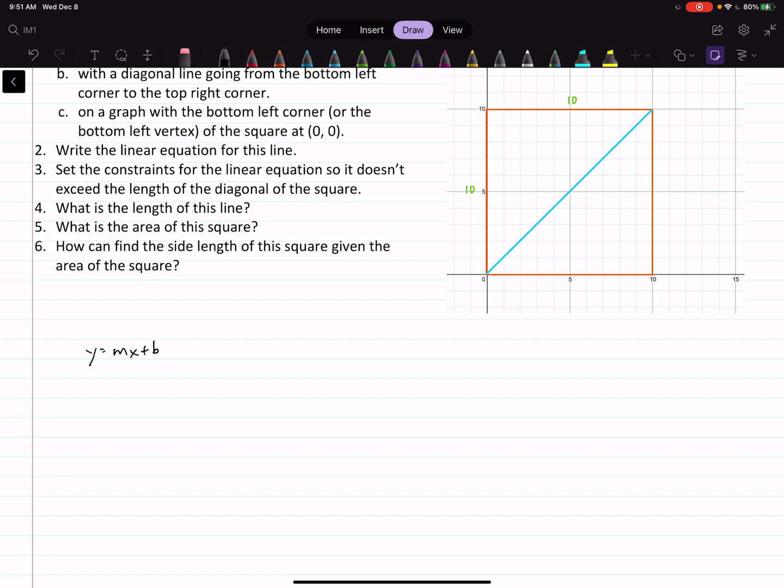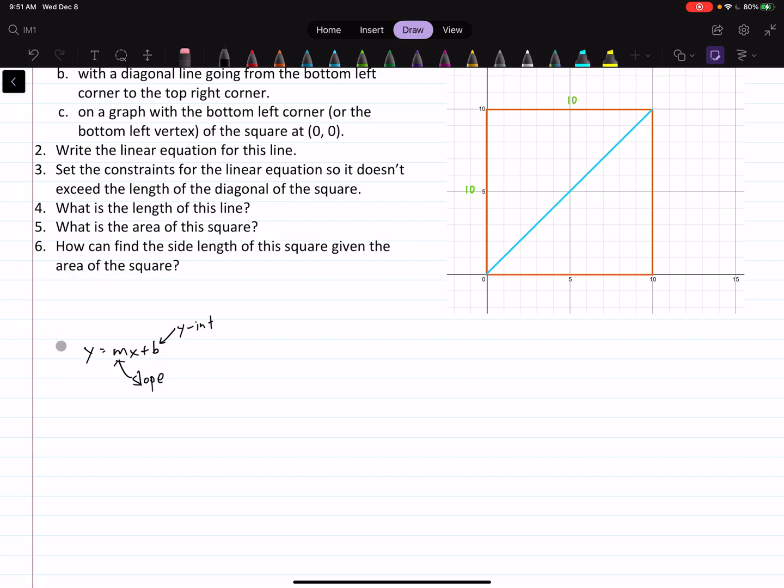I'm assuming that you wrote this down, and if you haven't, please write this down. Just to review quickly, this m represents the slope, and this b represents the y-intercept. Make sure you write this down.